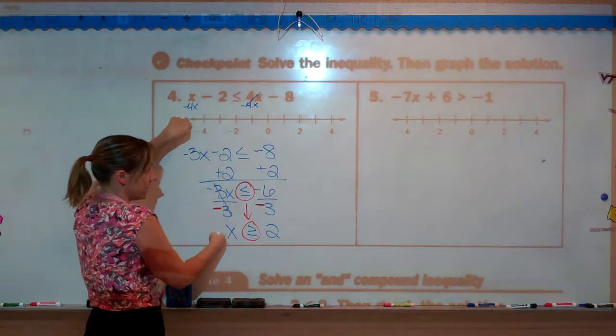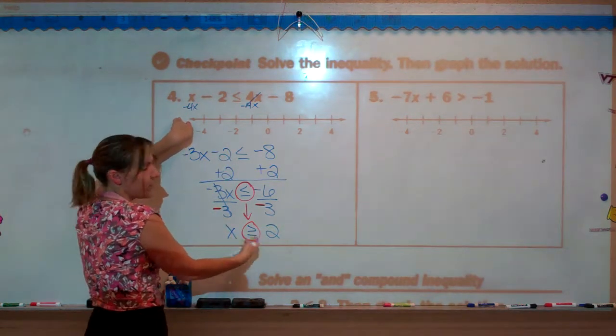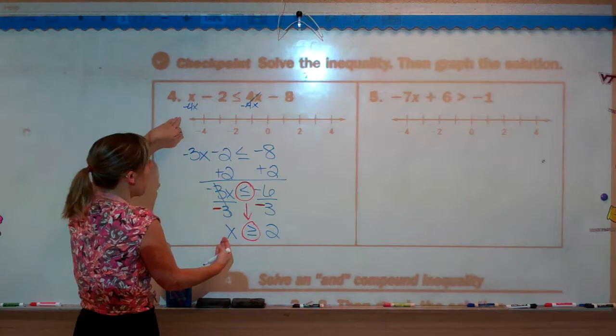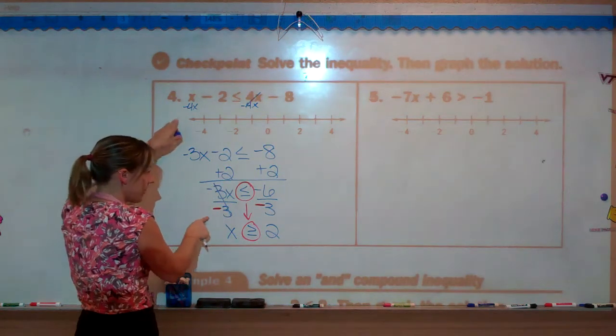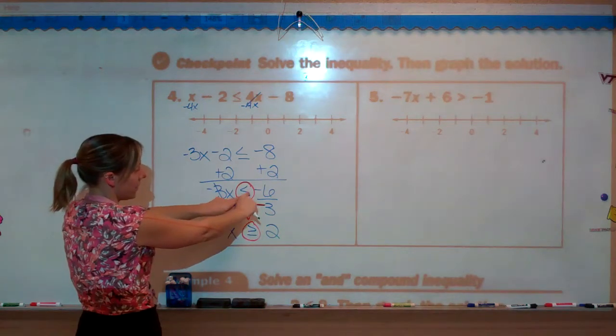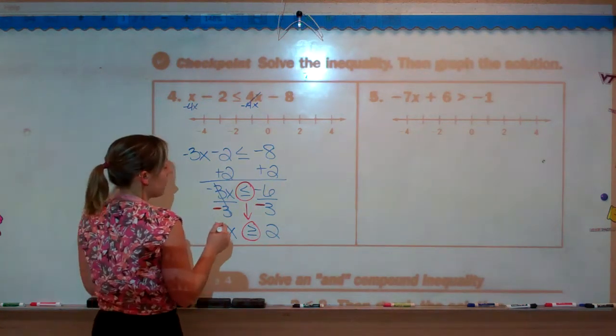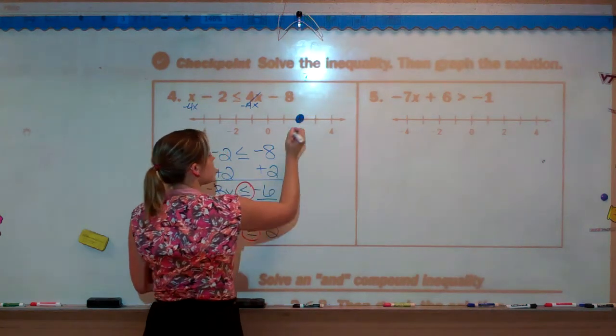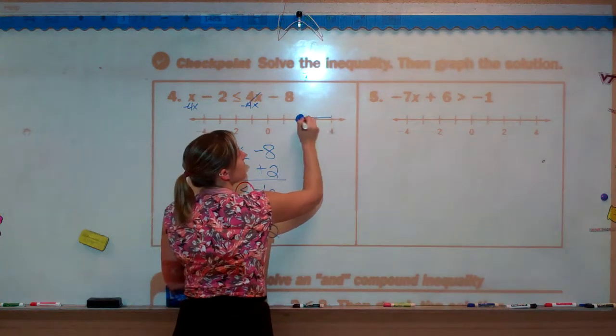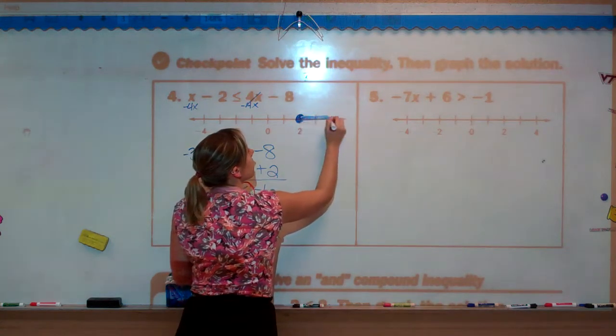That way the x is first, so I can just follow the arrows and that kind of stuff. So that gave me a negative 3x, added 2 over, divided by that negative 3. The negative made the symbol flip. So now it's actually equal to 2. So I fill in that circle, and it's greater than, so I go to the right.